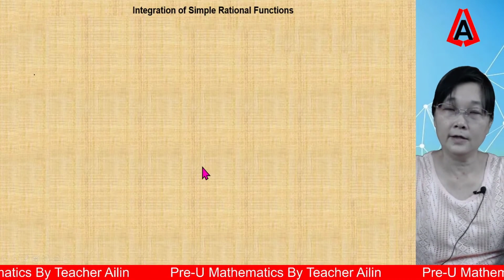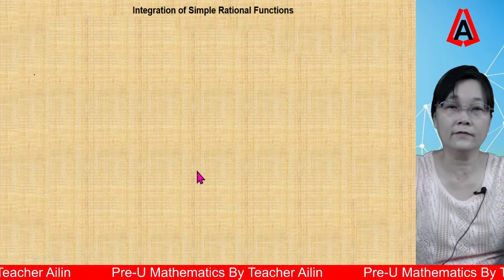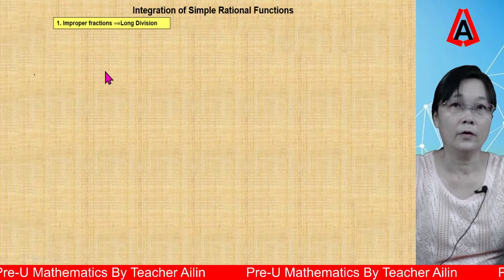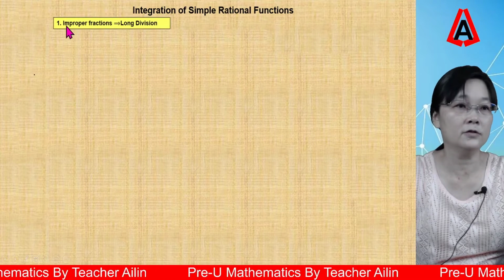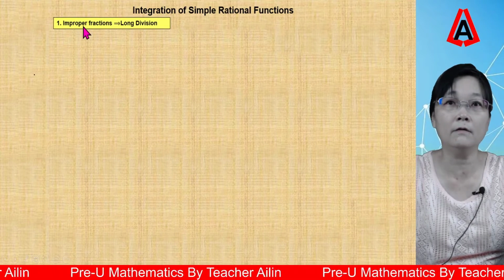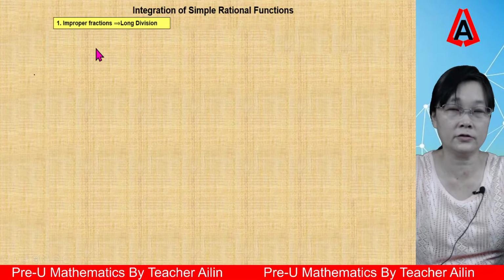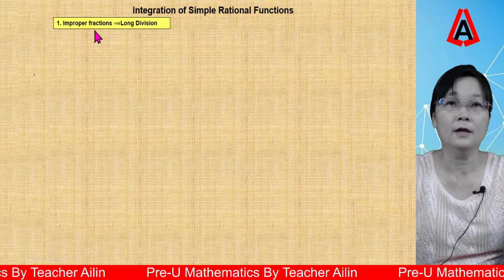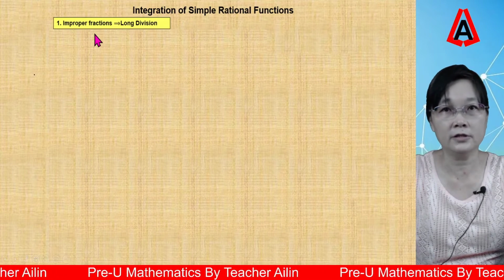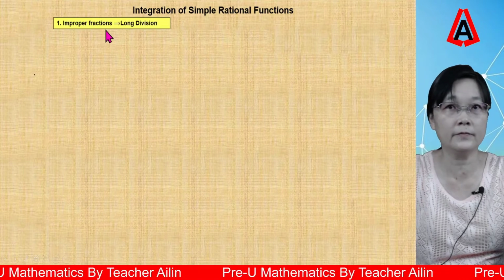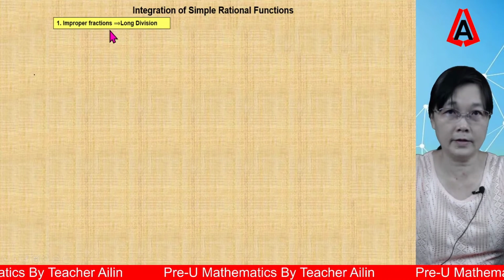When we are given an integral in rational function, first we must find out whether the rational function is an improper rational function or proper rational function. If it is an improper rational function, then we must change it into proper rational function by using long division method or any other method.